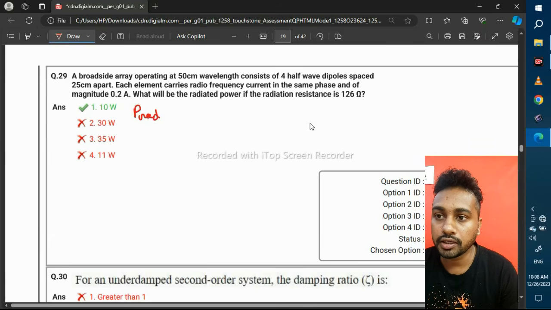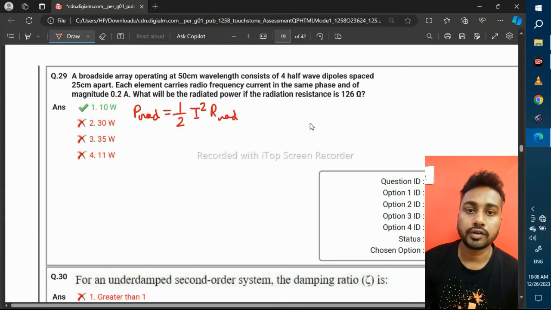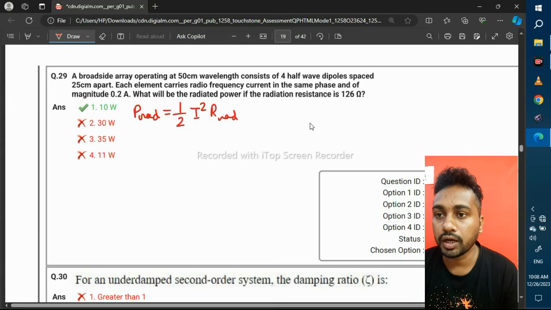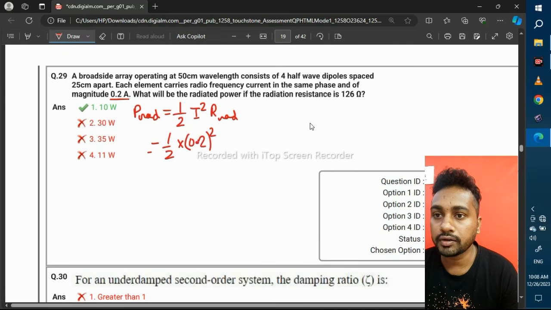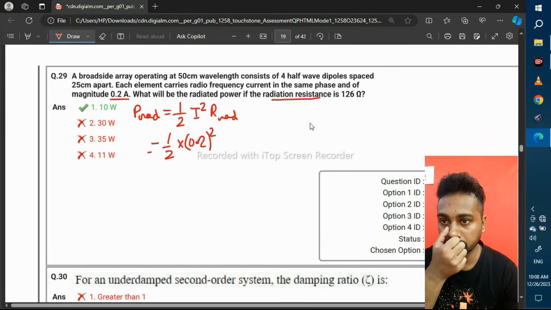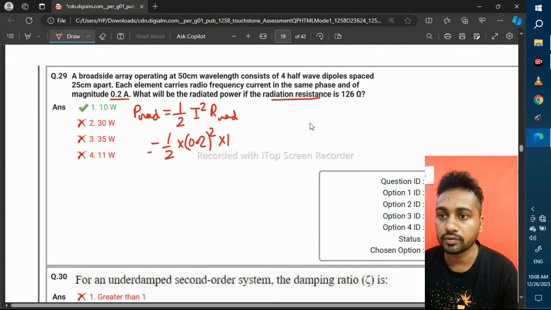So the radiated power of an antenna is 1 by 2 I square R. This is the formula: radiated power equal to 1 by 2 I square R. Here I is 0.2, so we write 0.2 square, and R is the radiation resistance, 126 ohm.